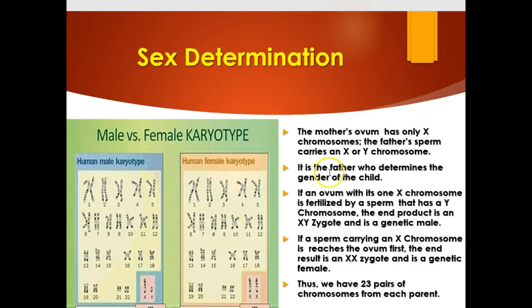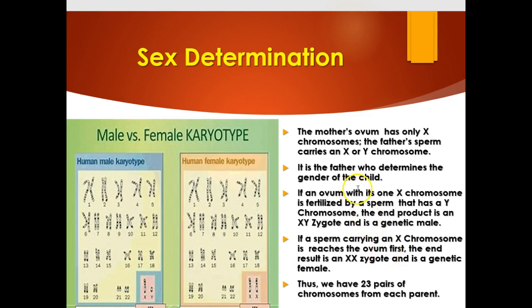Now, let's talk about who determines the sex of the child, male versus female. Well, we know that the mother's ovum, or egg, has only X chromosomes. The father's sperm carries an X or a Y chromosome.